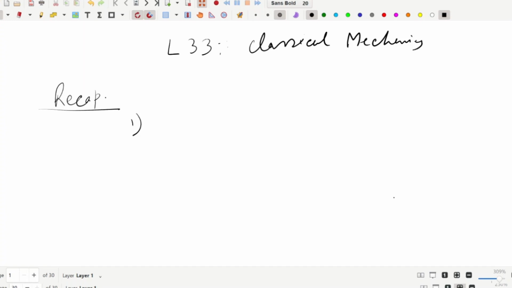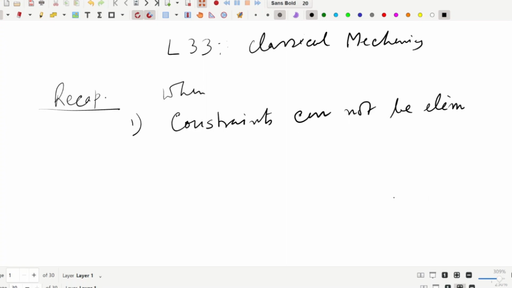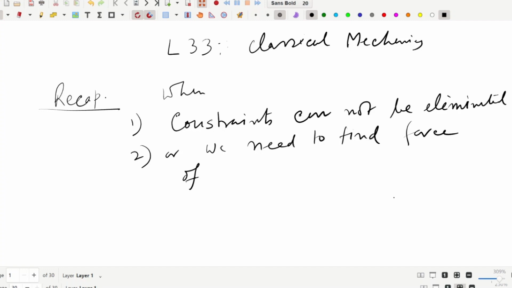When the constraints cannot be eliminated to find independent variables, or we need to find the force of constraints, then we need this Lagrange multipliers method, as I mentioned.